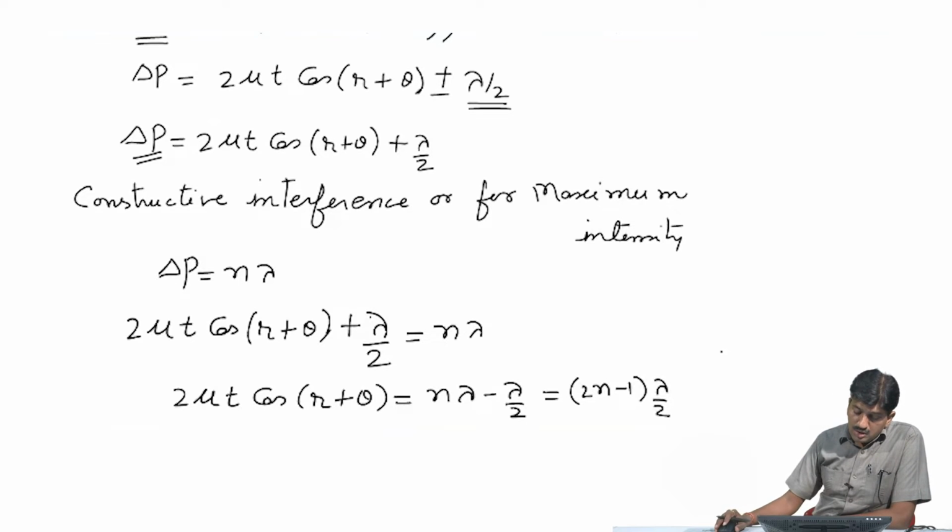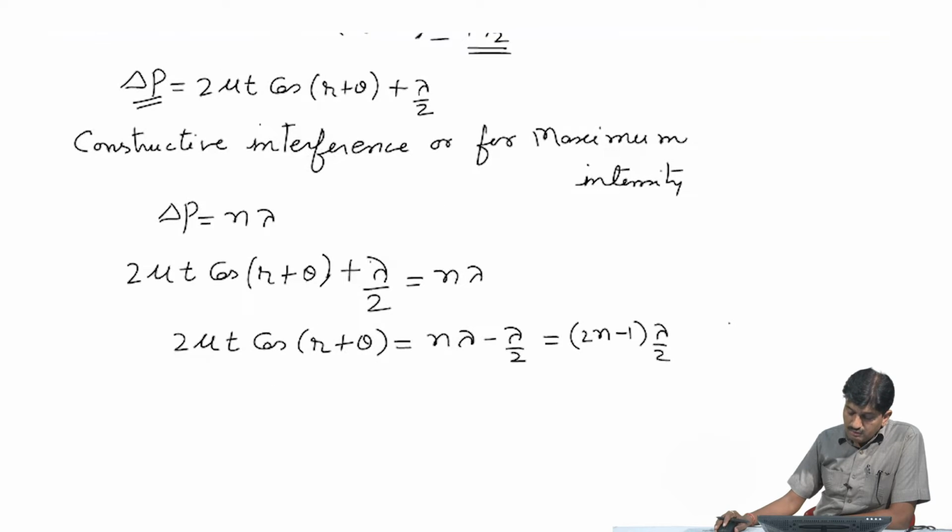This is constructive interference or case of maximum intensity, where n may be 1, 2, 3, etc.